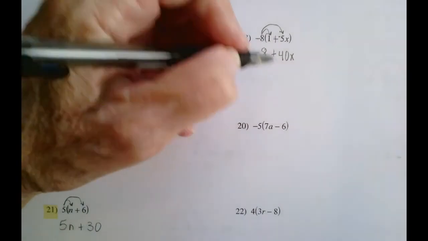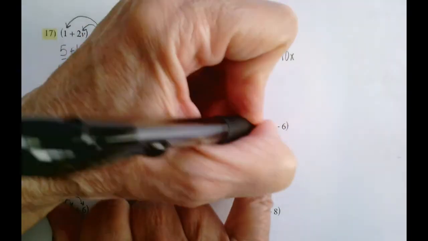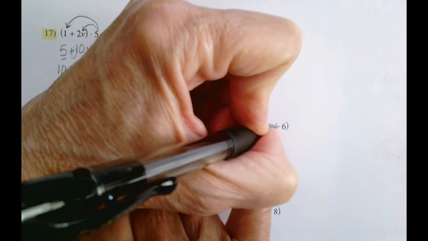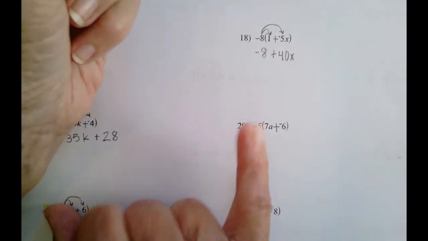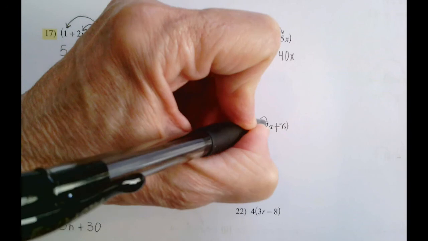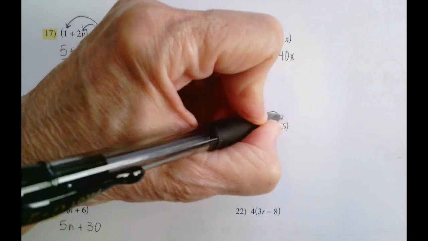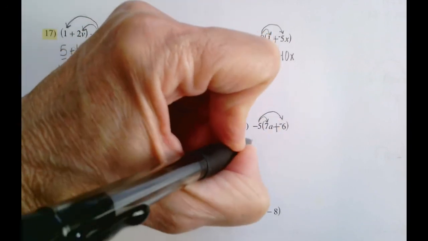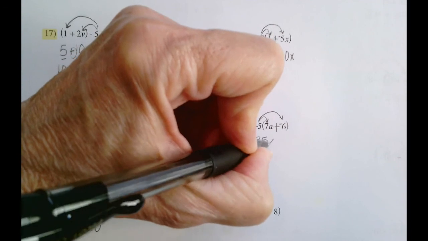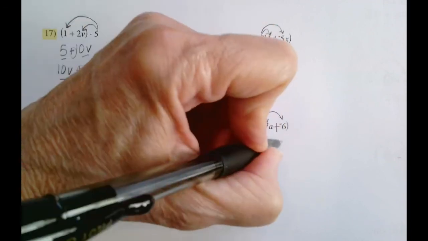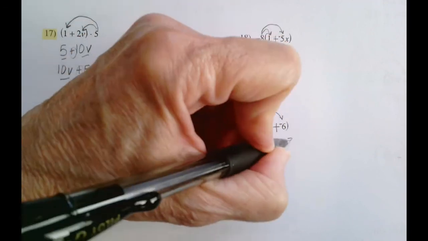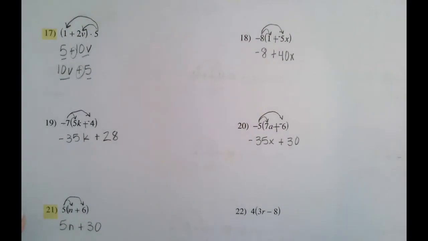Number 20, inside the parentheses, change the subtraction to an addition and the 6 to its opposite. Distribute, distribute. Negative 35a, negative times a negative is a positive, so I get plus 30.